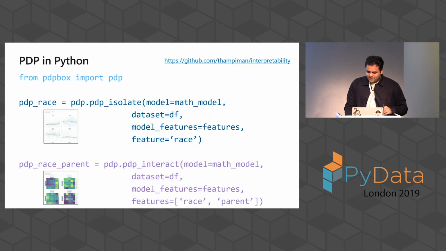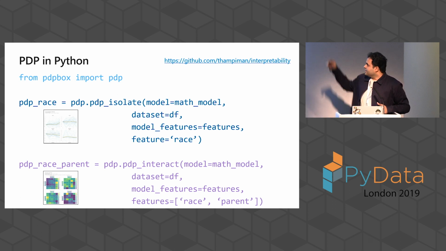To implement this in Python, I use the PDP box library. I found this to be much better than the scikit-learn implementation, because as you would expect, PDP should be agnostic of the model, whereas the scikit-learn implementation expects you to use a gradient-boosted regressor or a gradient-boosted tree implementation, whereas here you could feed it any model.